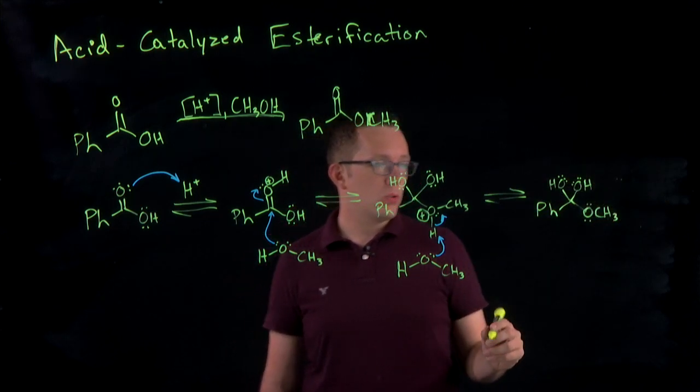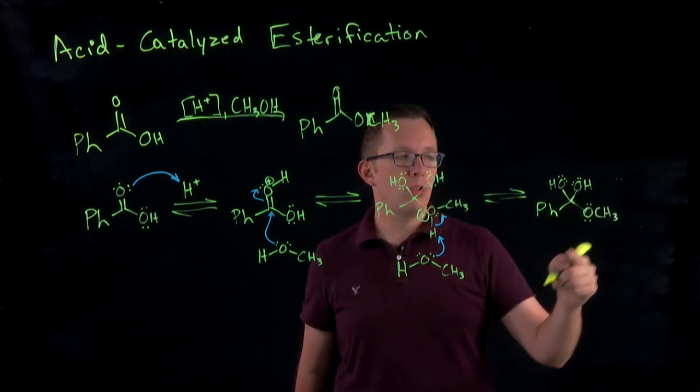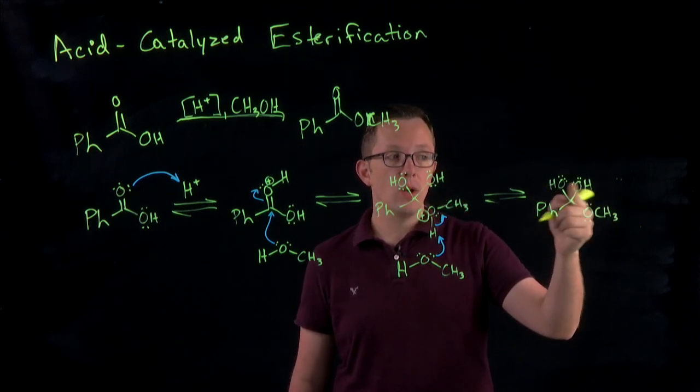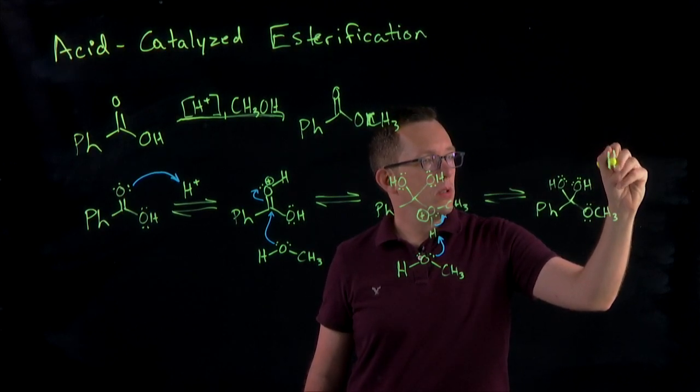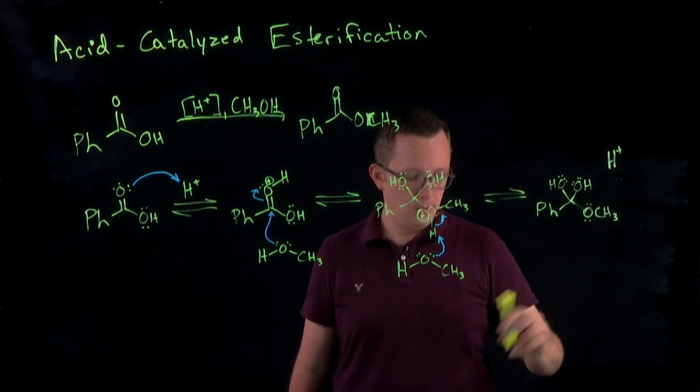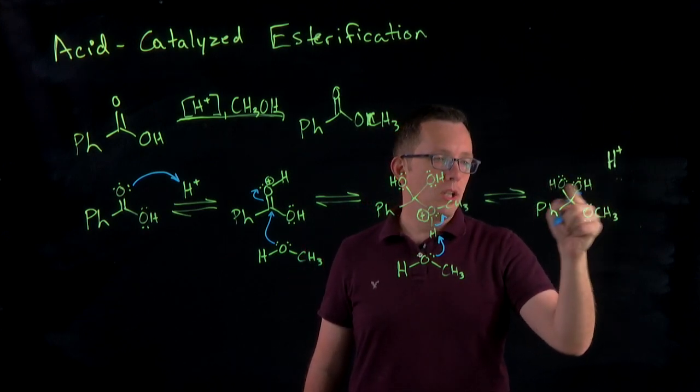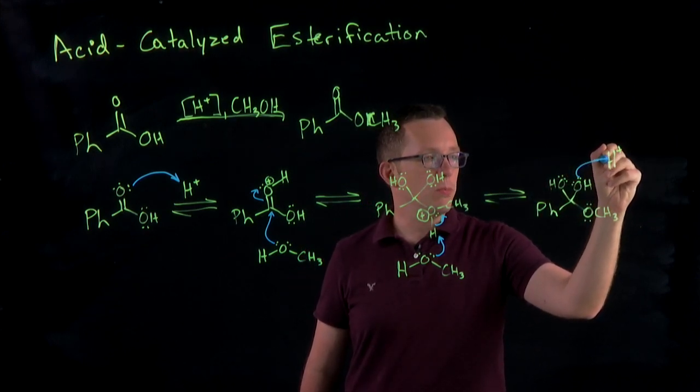Okay, so now we need to have one of our OH groups leave so that we can form another carbonyl compound. So in order to do this, we are going to do another proton transfer. We want to convert one of these OHs into a good leaving group. So here we'll use H+, we'll protonate that. Take your pick of whichever hydroxyl group you want to protonate.